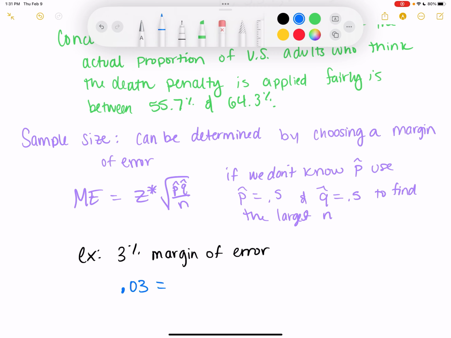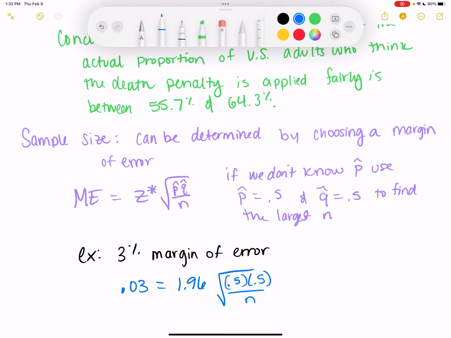0.03 is equal to 1.96, because we're going to do it for 95% confidence, times the square root of 0.5 times 0.5 over N. I assume you would know how to solve this equation. So 0.03 divided by 1.96.